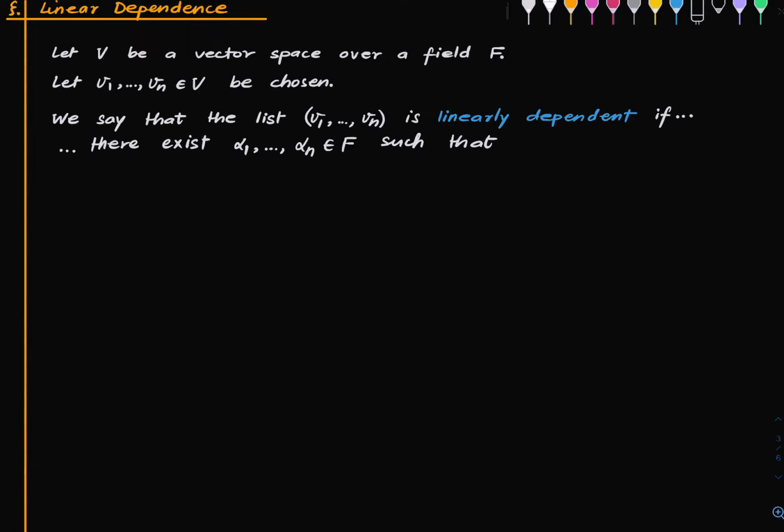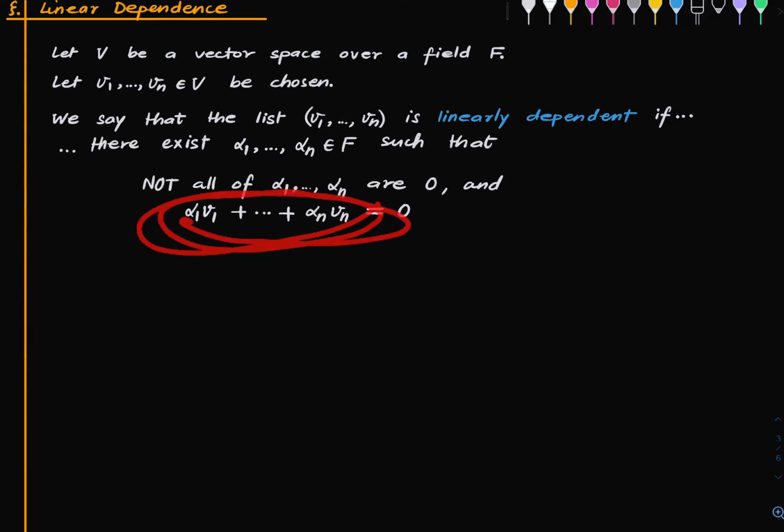Not all of these are 0, meaning at least one is non-zero, and this linear combination is 0. So what we are saying is that there is a non-trivial linear combination of the vectors which vanishes.